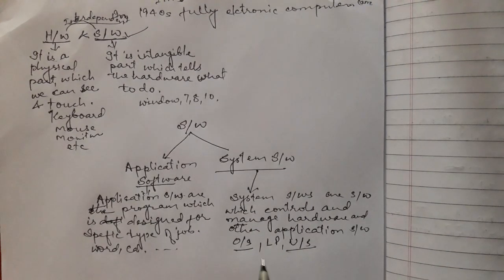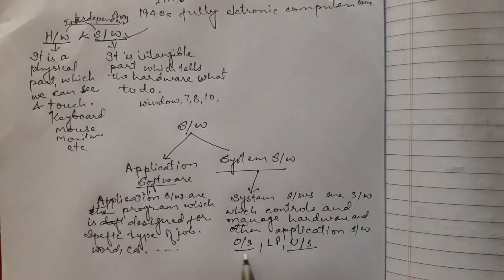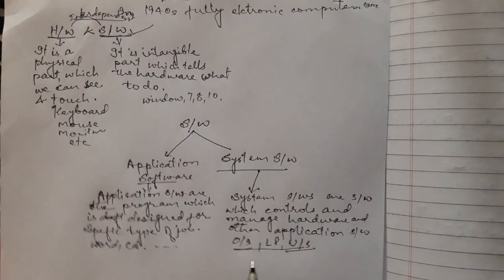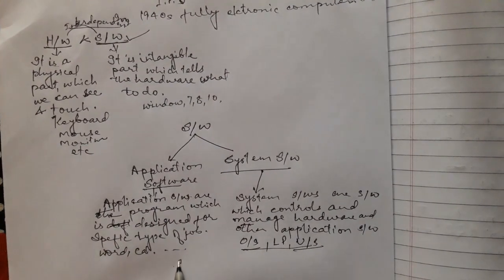Now let us see what are the different types of system software. As we have discussed, these are the types of system software.